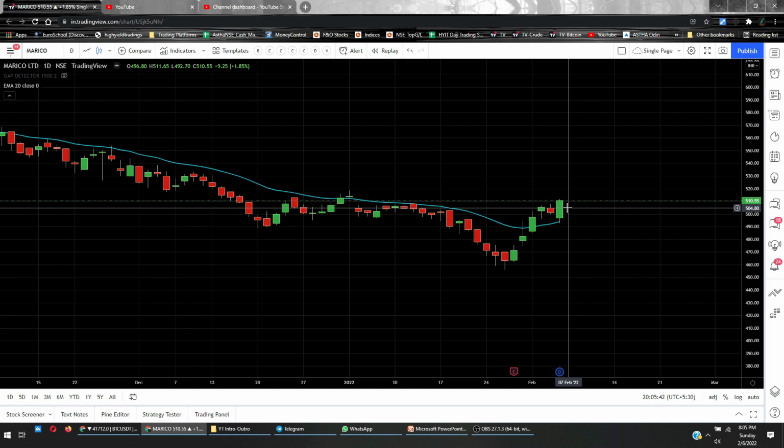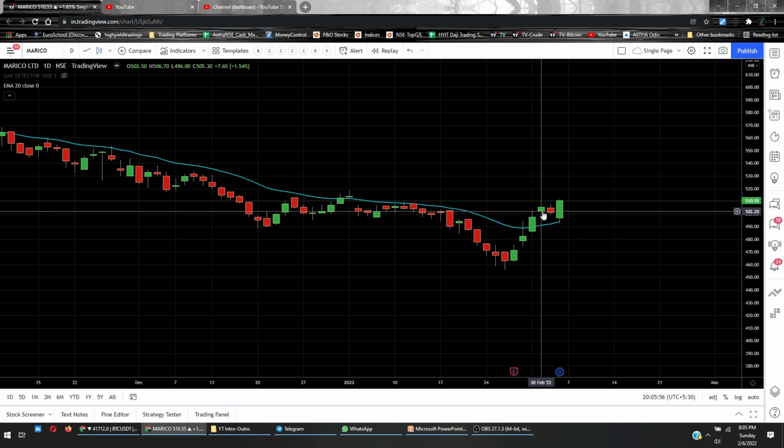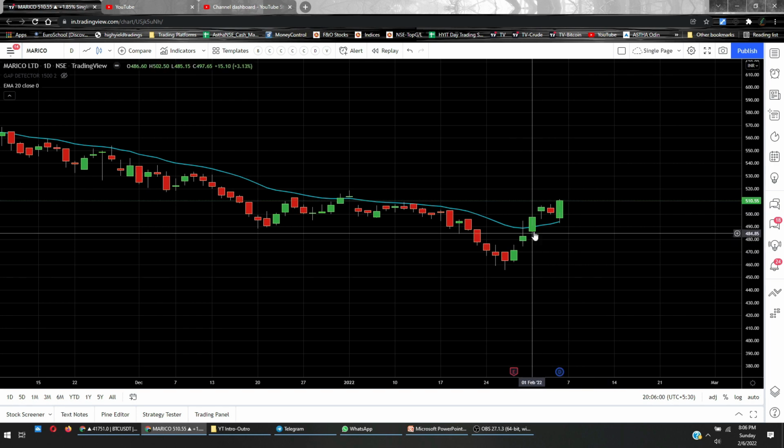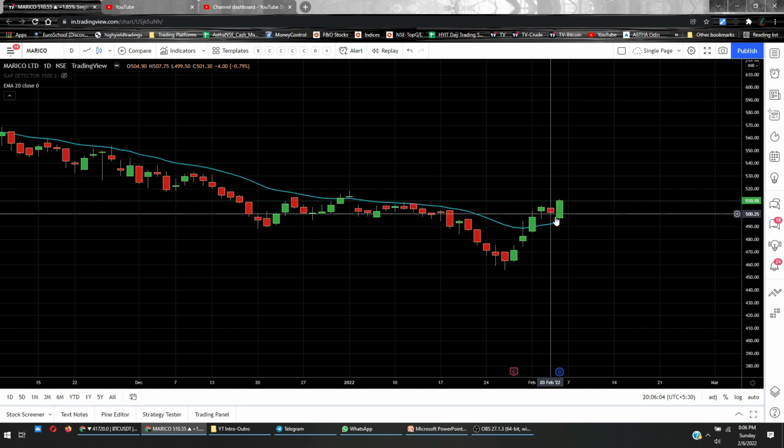And one more fact to add: people actually fail to wait for these two candles. If we talk about this scenario, the breakout happened in this candle and we allow it to go up, then it has to retrace.